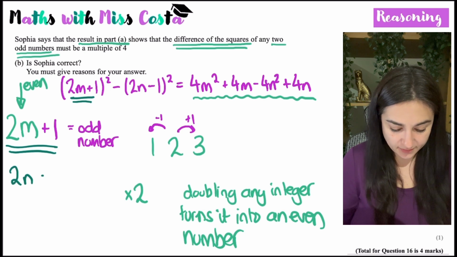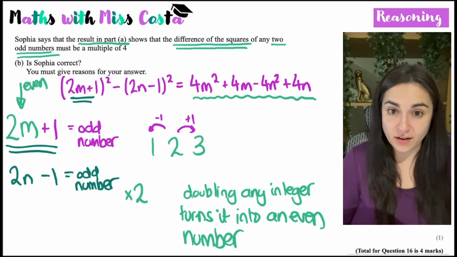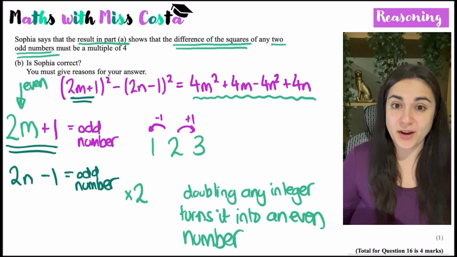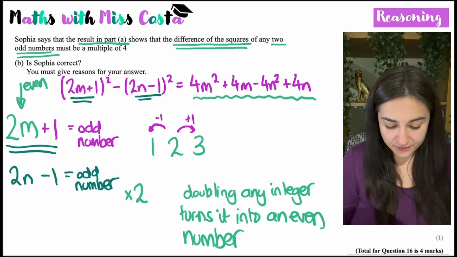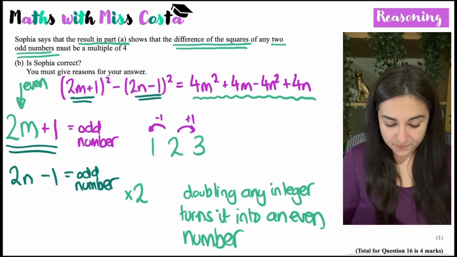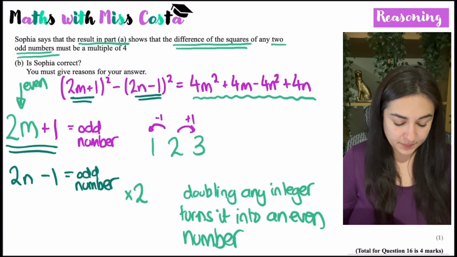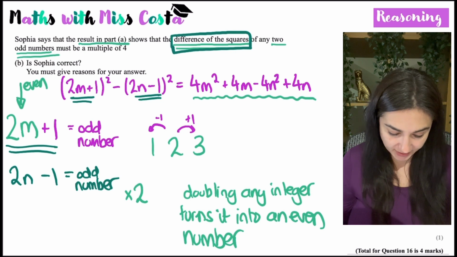And 2n minus 1 must also be an odd number, because whatever n is, if I double it, I turn it into an even number. If I subtract 1, it's an odd number. So I have an expression for an odd number and an odd number. And Sophia says, show that the difference of the squares of two odd numbers, okay?